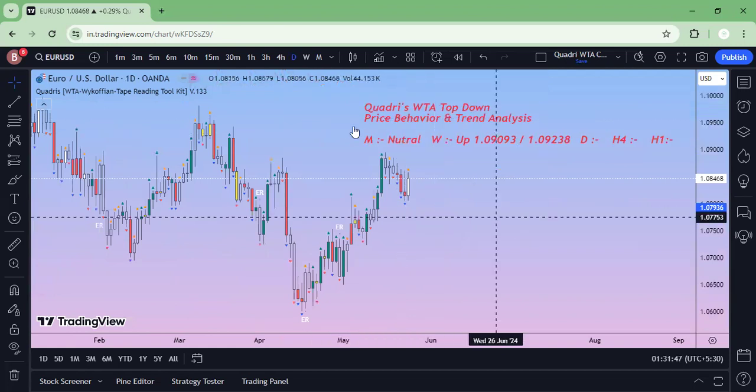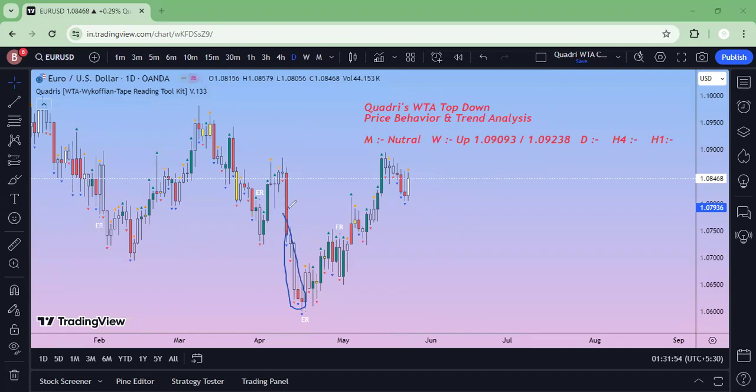What has happened in this last move? In this last move, we have a climatic behavior kind of a thing. First price sell-off initiation. Then after that, you can see price selling is getting exhausted and it is getting weaker. And how to assess when supply is getting weaker?